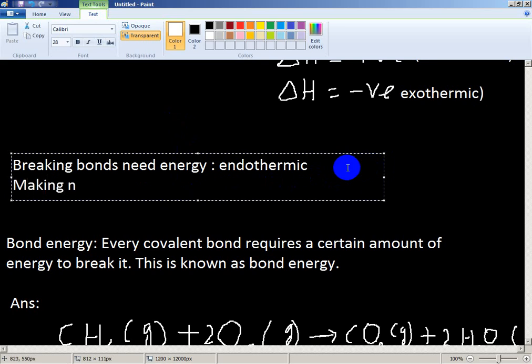Making bonds releases energy. It is exothermic. Okay, this is exothermic and endothermic.